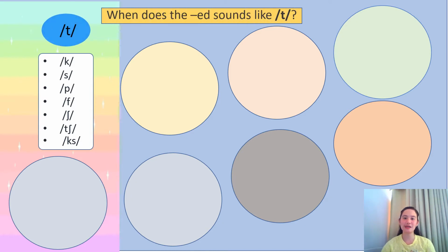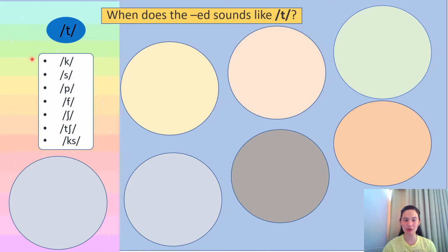When does the ed sound like t? The ed sounds like t if the simple form of the verb ends with one of these sounds. Actually, these sounds belong to the voiceless sounds because when you produce these sounds, the air is just passing through your mouth at different points and your vocal cords are relaxed.